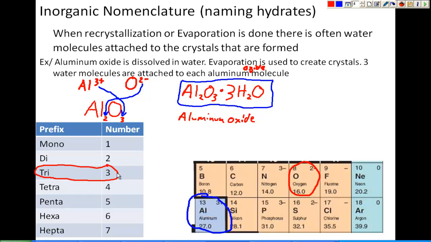And instead of saying water, tri water, we're going to say trihydrate. Okay, and that's what it means. It means aluminum oxide trihydrate.